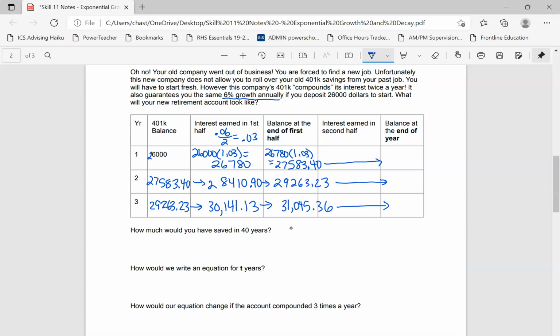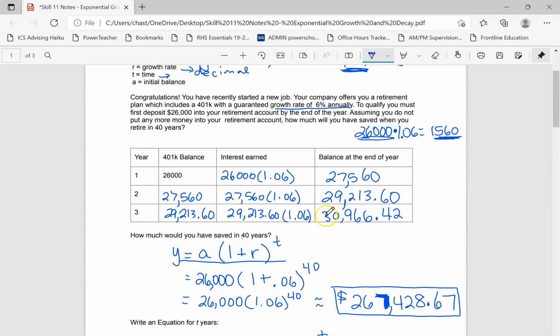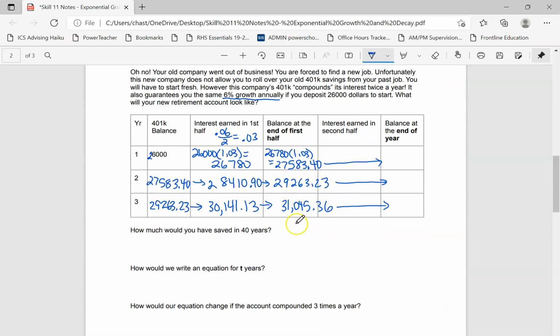So that's what's happened after 3 years. I want to compare that number to what we did after the first 3 years, which was $30,966. So it looks like we're coming out a little bit ahead. Not a whole lot, but a little more than what we originally thought. If I subtract that $30,966, we've got an extra $79.